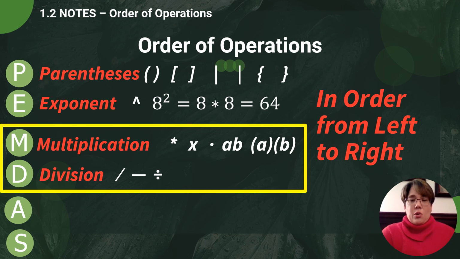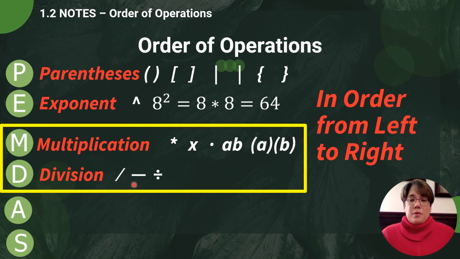And so multiplication, you will see written with the little star. You will see it written as an X, a dot, 2 numbers written right next to each other, or letters. You'll see it written and separated by parentheses. A lot of different ways that multiplication can be represented. Division can also be represented with a slash.